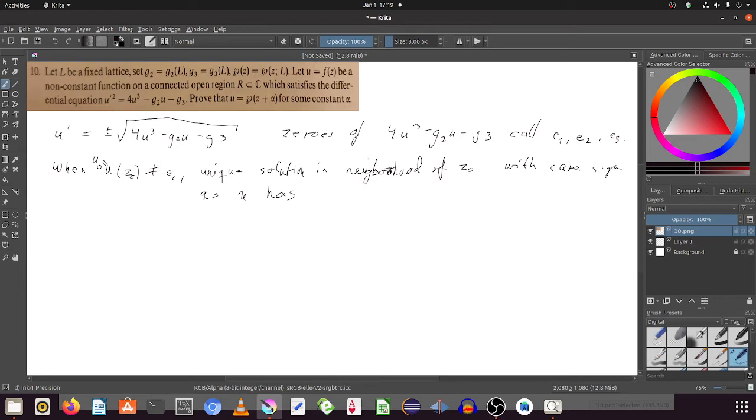And we know that the Weierstrass function is onto. So there are two solutions actually, or 2 points where it gives U naught, and they have different signs of the derivative.